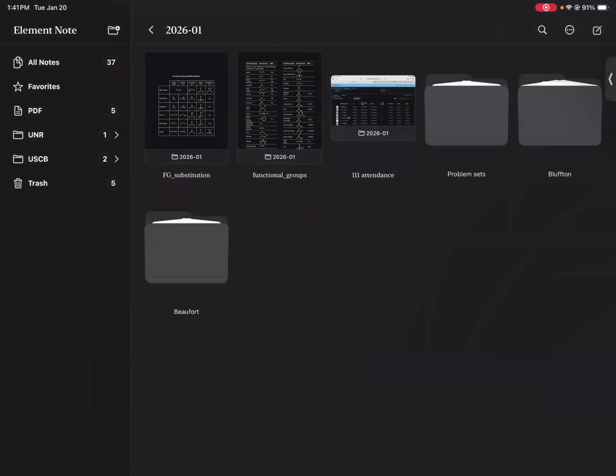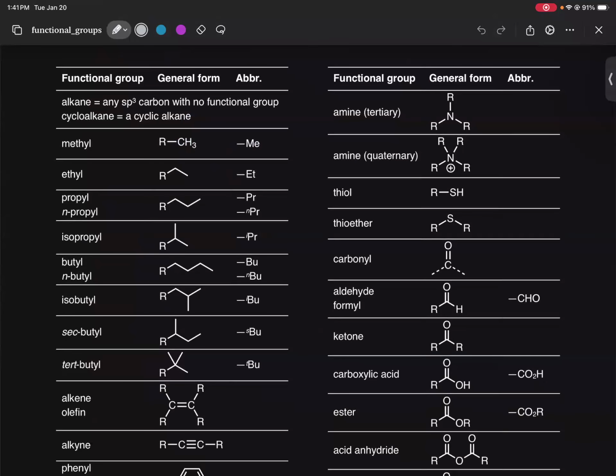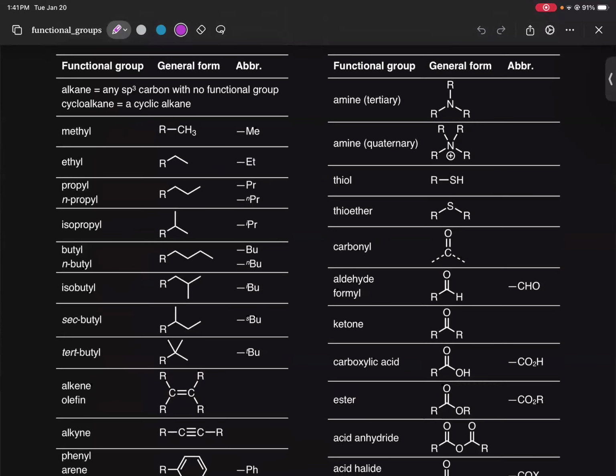If you go on Blackboard, you should find on the front page a table of functional groups. So this is the small list that I told you about of common functional groups that you will see in organic chemistry.